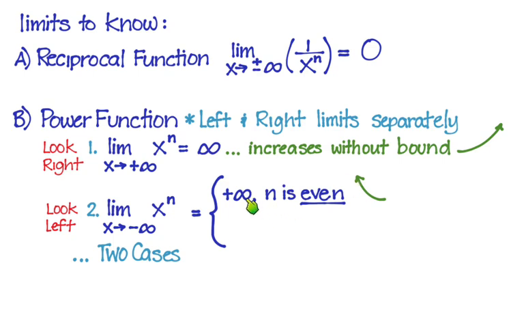So that's why the limit is positive infinity. But if my n is odd, meaning I have the 3rd or the 5th or the 7th power, then on the left, it's going down towards negative infinity. So its limit is negative infinity.